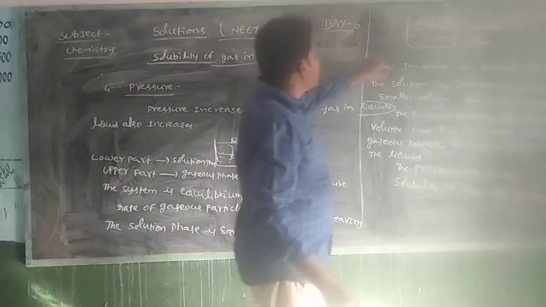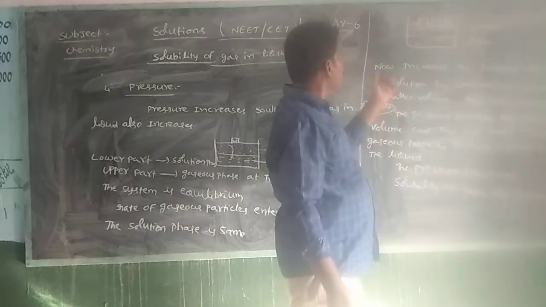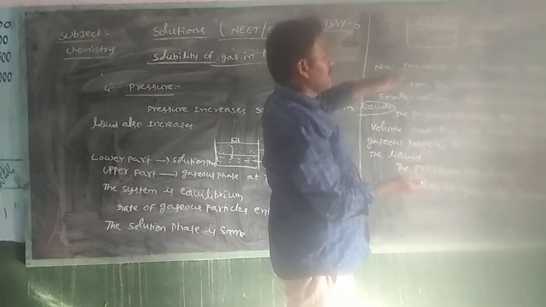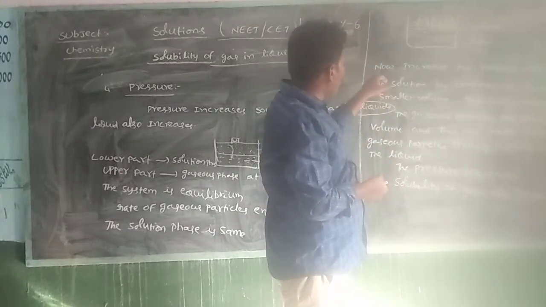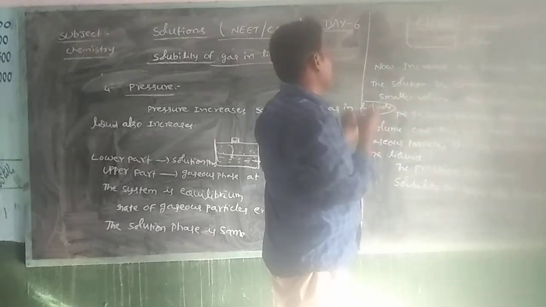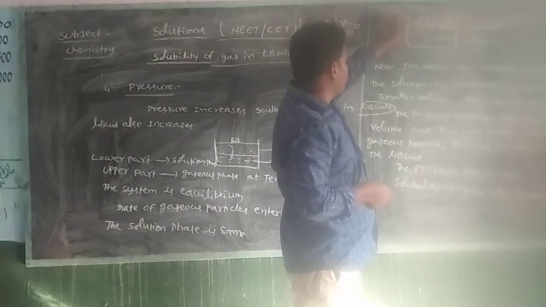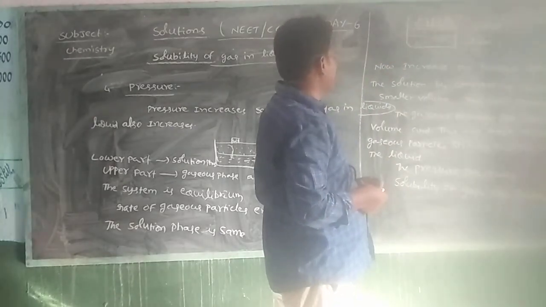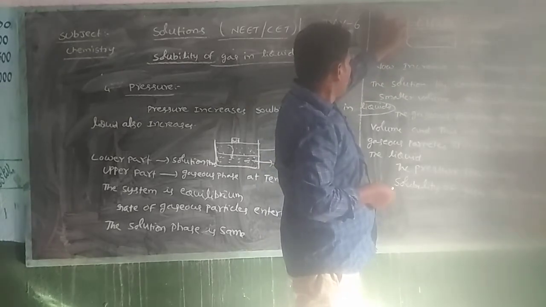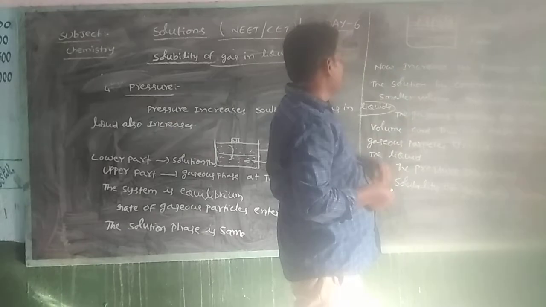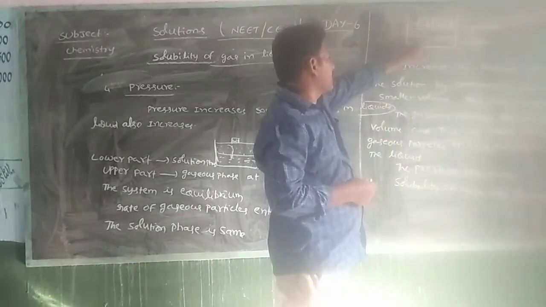Now increase the pressure, meaning you apply some weights on the gaseous phase. Now increase the pressure over the solution by compressing the gas to a smaller volume. This will increase the number of gaseous particles per unit volume, and thus the rate at which the gaseous particles strike the surface of the liquid.